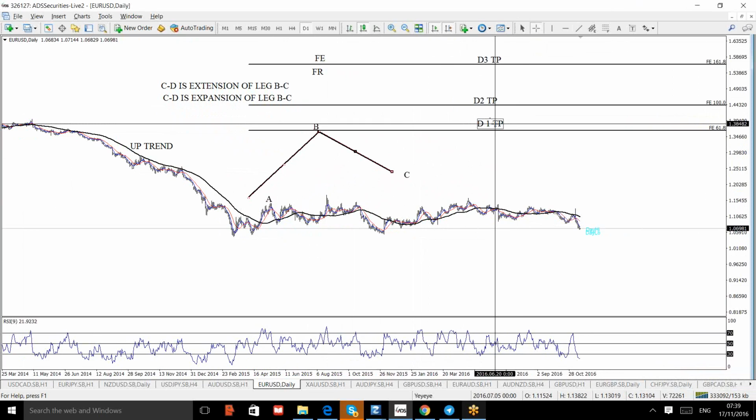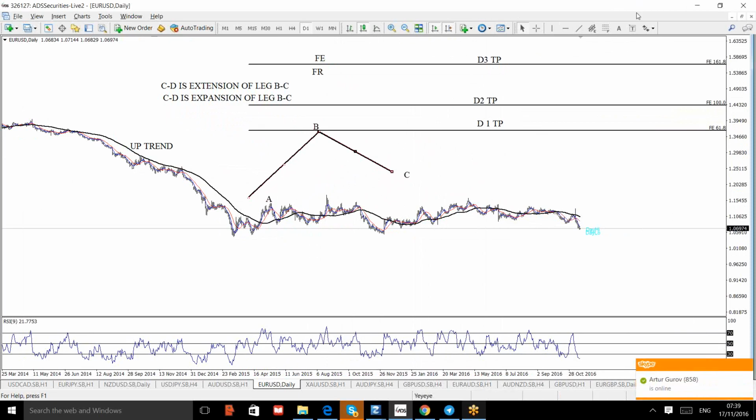Okay, guys. Now D1, D2, D3. Now, guys, try to understand. I'm going to teach you the price action. Remember, we discussed that these levels are expansions and extensions, right?